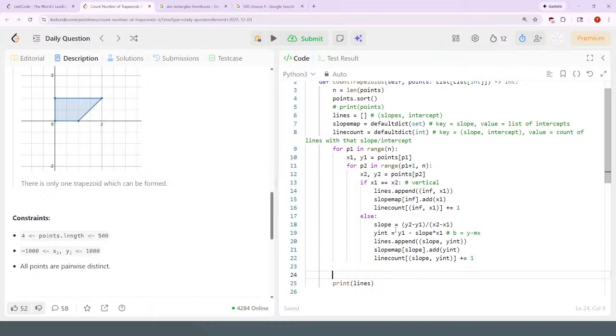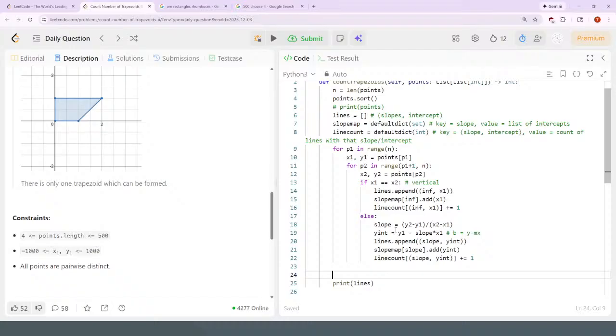and slope map, see if it has more than one thing in the set, in which case there's multiple lines that have the same slope that are unique in their y-intercept.